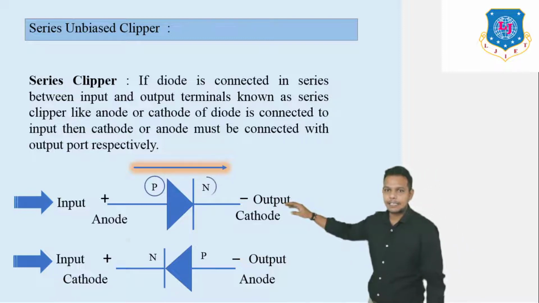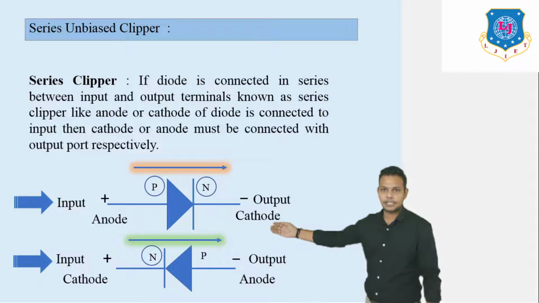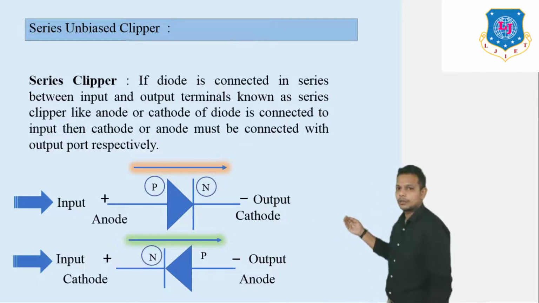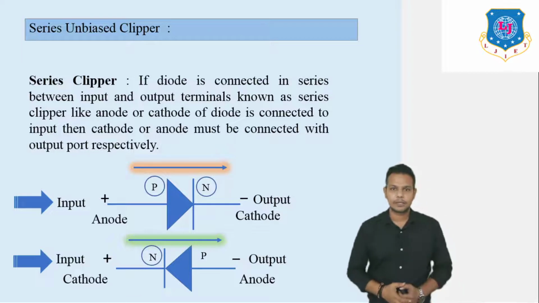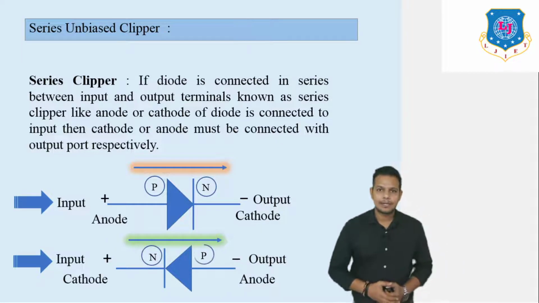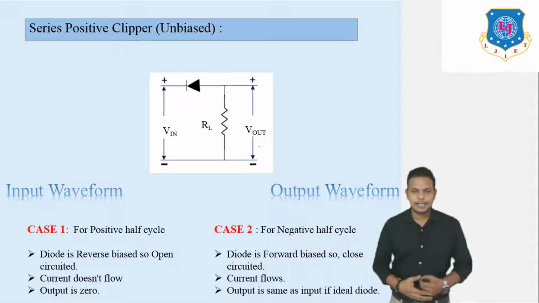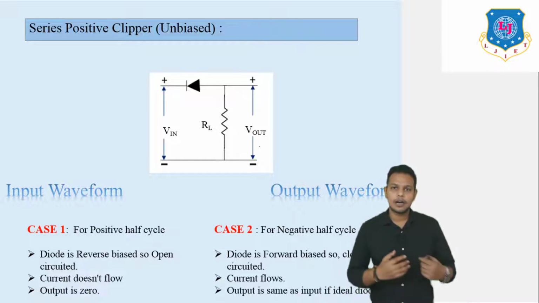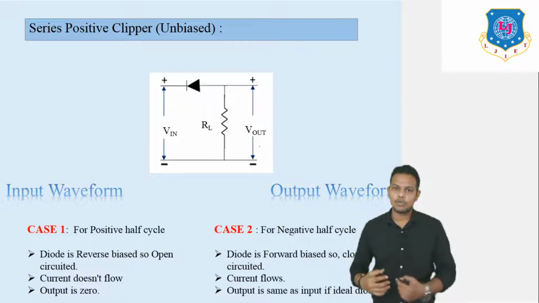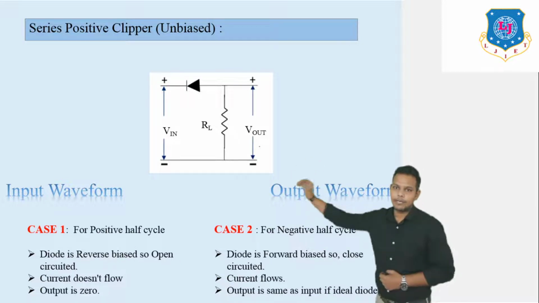Here we can see the current direction is input to output, so it is a series connection. Now let's start with our first circuit, known as the series positive clipper. We can also say the unbiased series positive clipper. So this circuit diagram is the positive clipper.